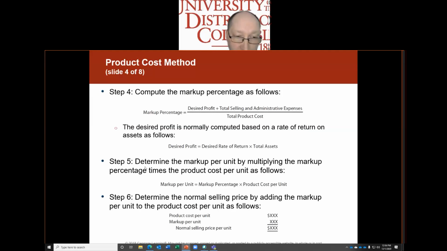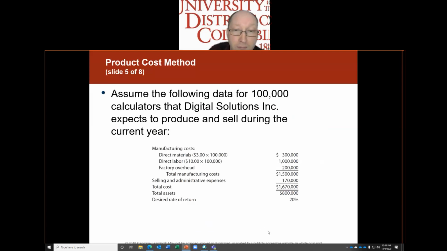Step 5, determine the markup per unit by multiplying the markup percentage from step 4 times the product cost per unit from step 3. Markup percentage times cost per unit equals markup per unit. Then step 6, the final step, we take the product cost per unit plus the markup per unit to equal the normal selling price per unit.